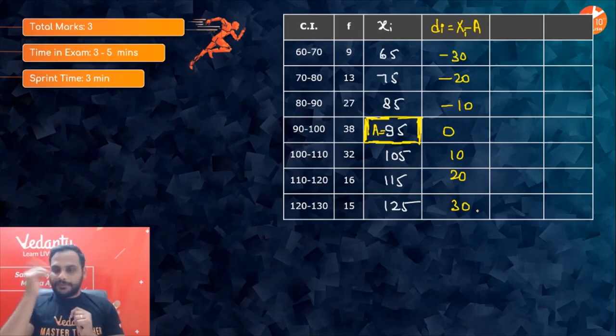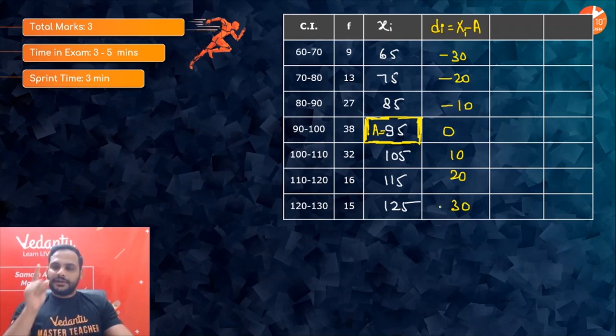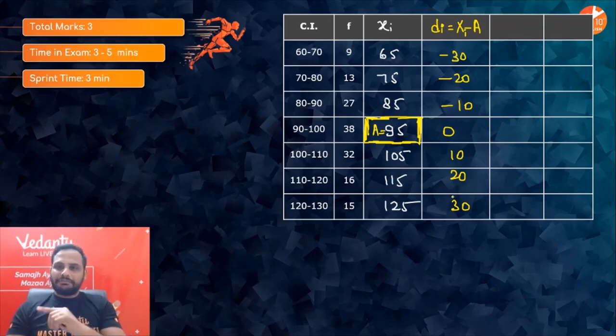Now in the next step here, what I will see in the step deviation method, the one more extra step is we will see that all these values of D, they all are divisible by a common number, that is 10.